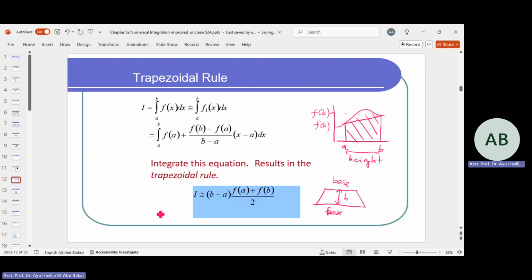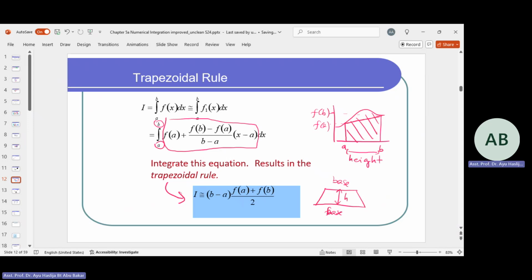Now, how does it relate to the integration of the trapezoid rule? This is the function from the linear just now. Integrate from A to B. Integration of this function will form this equation, the trapezoid rule.